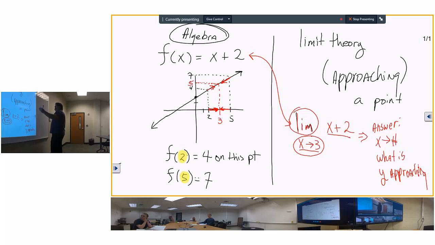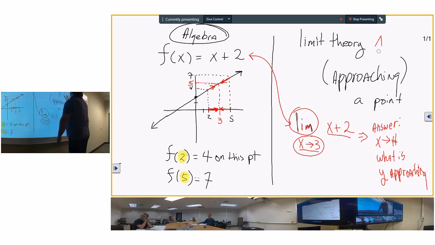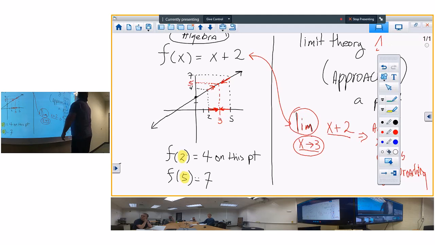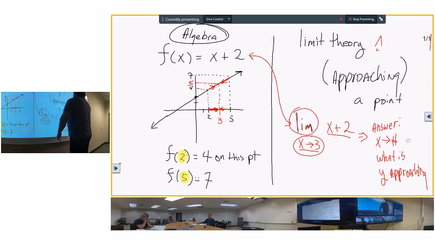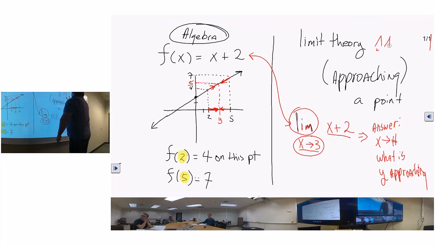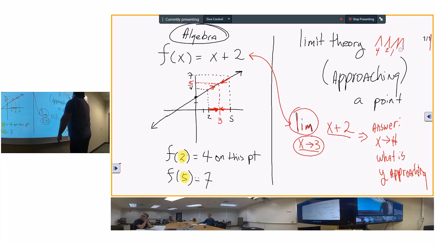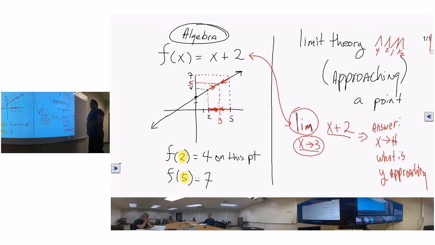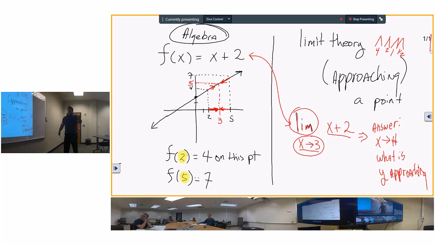And the limit theory basically says if you take a 4-foot step toward the wall, and then you take half of that step, that's 2 foot, and then you take half of that step, that's 1 foot, and then half of it, and half of it, you never will reach the wall, but you will get right up to it within a thousandth of a width of a hair. And that's what you have to be thinking of.